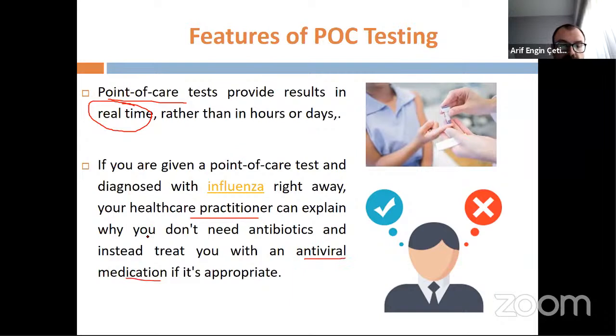So as you see, when you use the POCT test, even if you have some symptoms, POCT helps you to diagnose with high reliability, because you have the symptoms and a test result. Instead of using antibiotics for a viral disease, you get antiviral medication. So it helps you to rapidly diagnose the sickness.